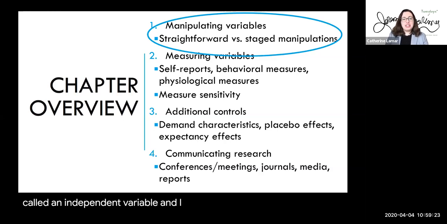And I also want you to think about what it means to manipulate something. When a researcher manipulates an independent variable, that means that the researcher controls how much of that variable participants receive. So there are different ways that we can manipulate the IV to control what participants receive and what they see in an experiment.